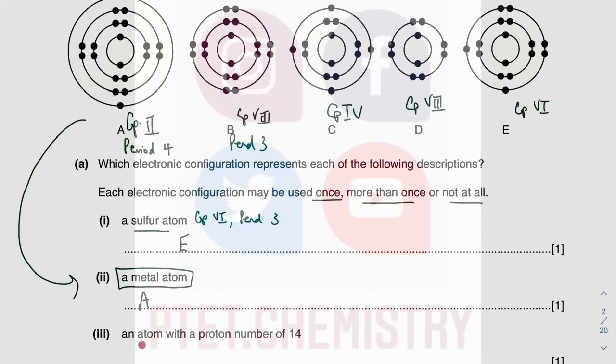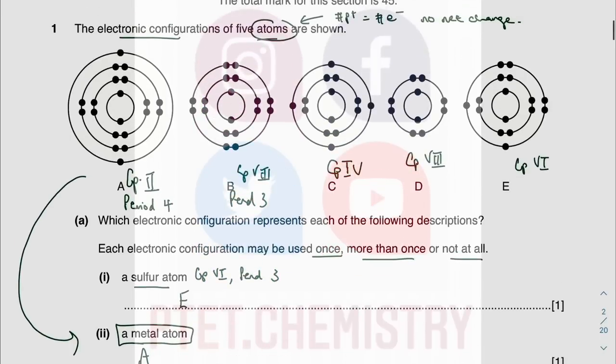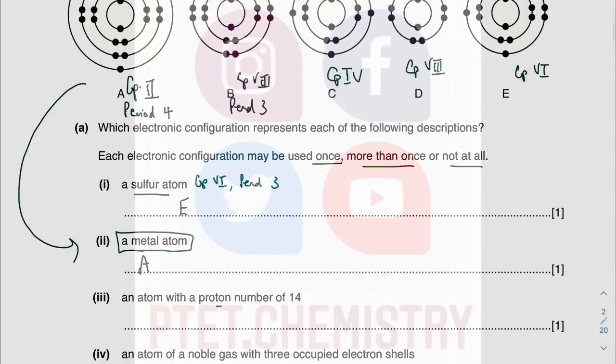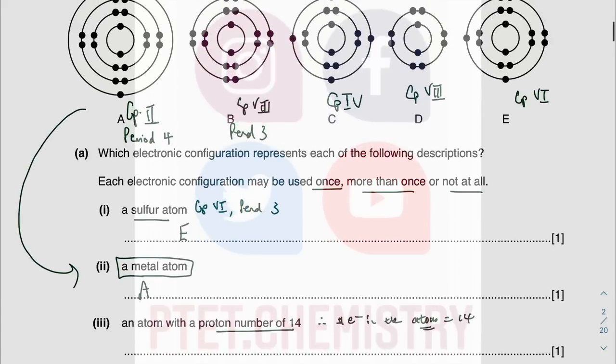Okay. An atom with a proton number of 14. So remember I said these are all atoms. So when they're looking at a proton number of 14, therefore the number of electrons in the atom is also 14. So what you can do now is, 14 is going to be 2, 8, because 2 electrons in the first shell, 8 in the second shell. 8 plus 2 is 10, so you need 4 more.